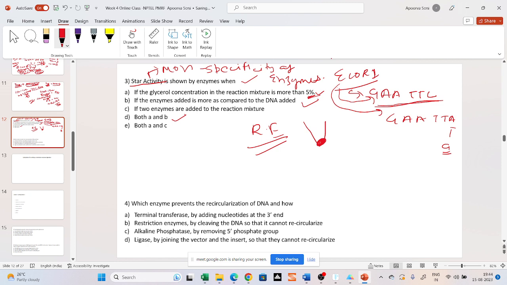Okay, fine. We'll move to the next question. Which enzyme prevents the recircularization of DNA and how? Tell me the answer. What is recircularization of DNA in the first place?